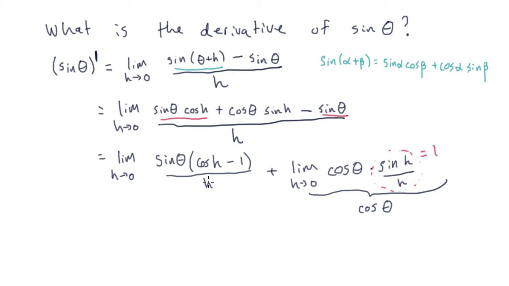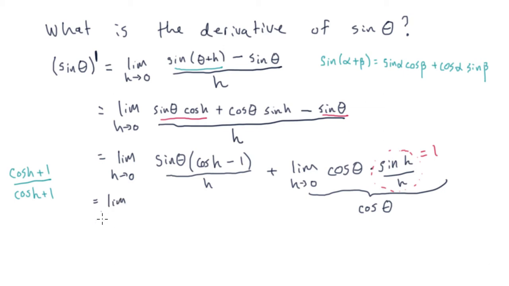Okay, so the first thing I'm going to do is multiply by the conjugate, cosine of h plus 1, on the top and bottom. So here and here. And what that's going to do is the top's going to be a difference of squares.